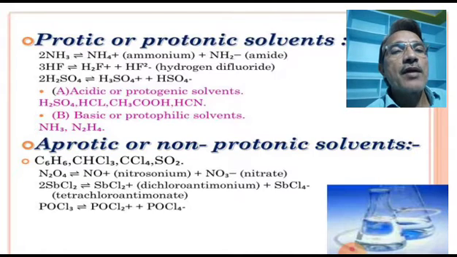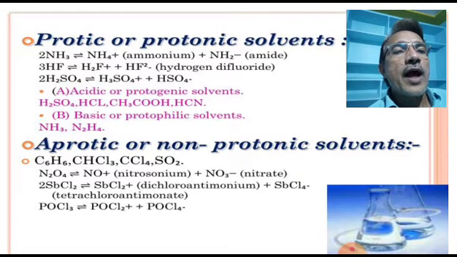SbCl3, antimony trichloride, undergoes autoionization producing dichloroantimonium ion and tetrachloroantimonate ion. We call them dichloroantimonium and tetrachloroantimonate.